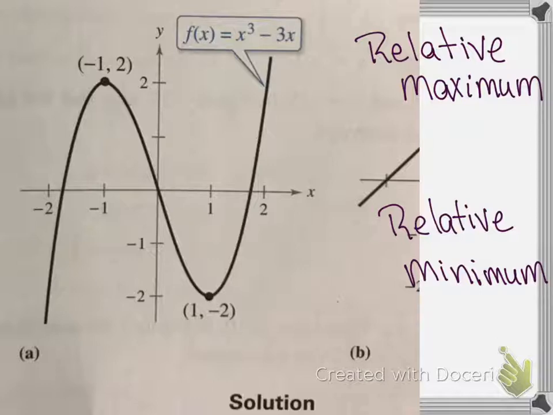This is a cubic function, and we'll do lots and lots of stuff with cubic functions as we move towards chapter 3. But this cubic function has a relative maximum and a relative minimum. Now, this goes all the way to negative infinity, and that goes all the way to positive infinity. On my x-axis and on my y-axis, we're going to have negative infinity and positive infinity. The key to something being a relative maximum or minimum is that we are looking for a change in direction.